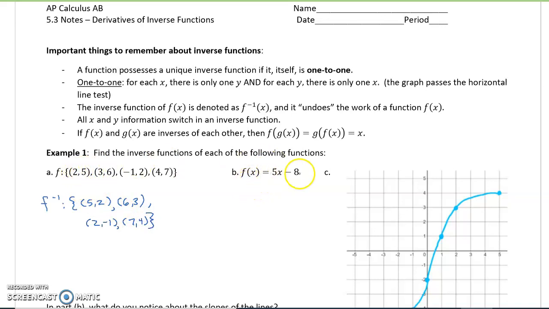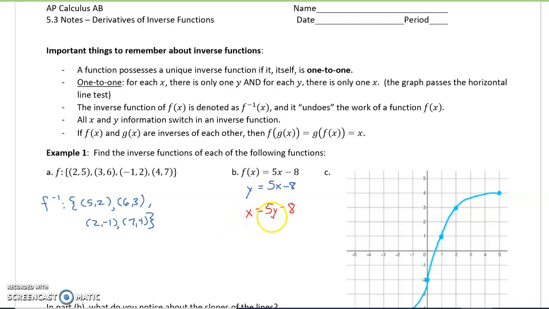Now, if we're looking for the inverse of an equation, we remember that the output is generally what we'll call the y value, and we'll say that y equals 5x minus 8. So if we're interested in the inverse, maybe I'll switch colors to indicate this is a new equation, the x value becomes the y value, and the y value becomes the x value. The input and the output swap.